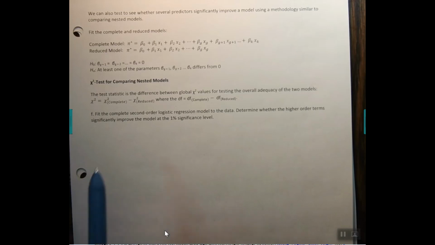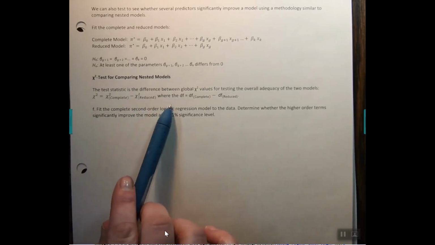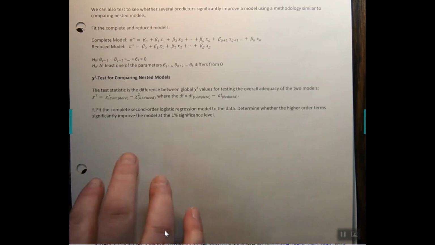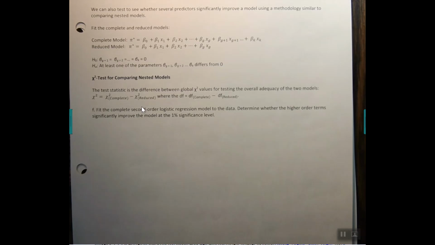Here we're going to look at the difference in the chi-square statistics. We've got some output that follows here that has those different values. In the note set, I'm going to stop the video here, but I'm going to write this out completely so you can see it, and I will mark in the output where to find the different pieces. This is going to conclude the Chapter 9 video.